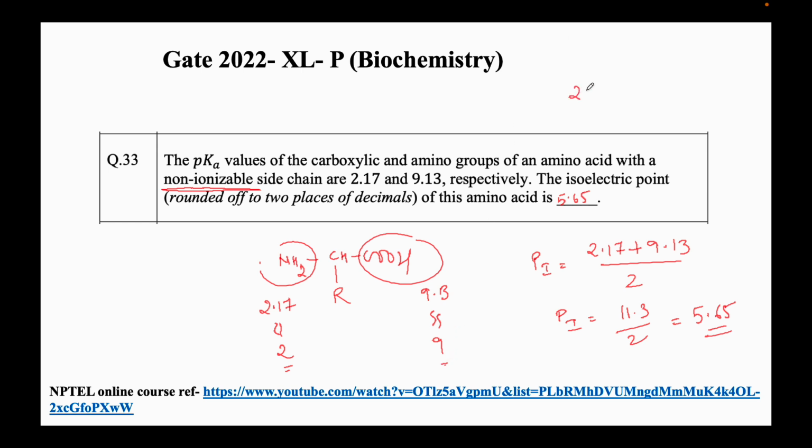Even if you assume it is 2 or 9, the answer will be somewhere around what we calculated previously, right? The answer will be somewhere around that, and it will help us to solve the question, right? So that is why it is very important that you remember these pK values of at least a few amino acids. Okay, so here the answer is 5.65. Thank you.